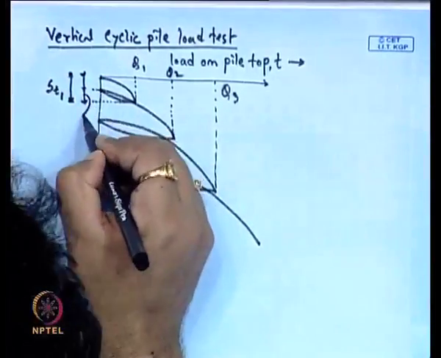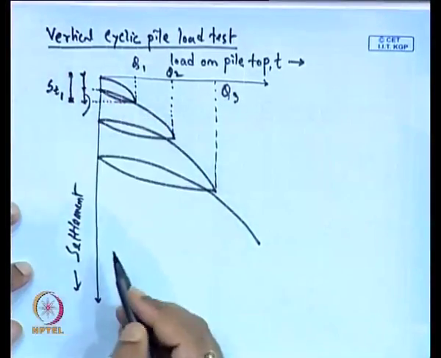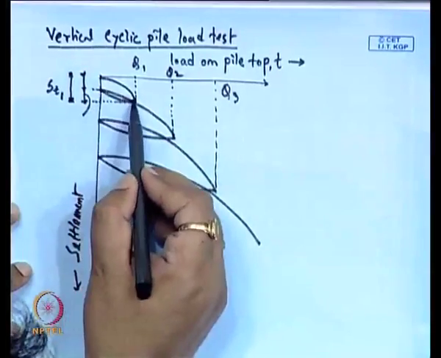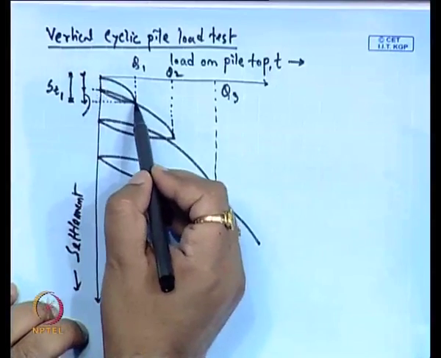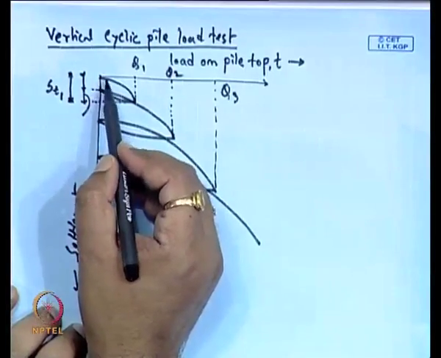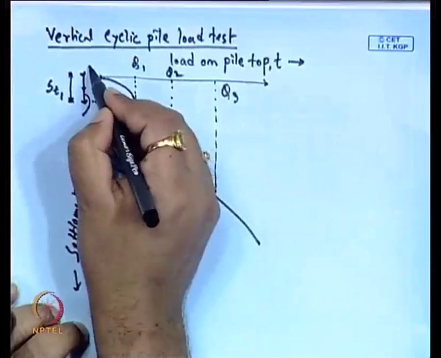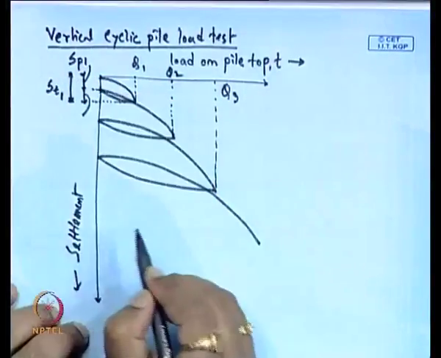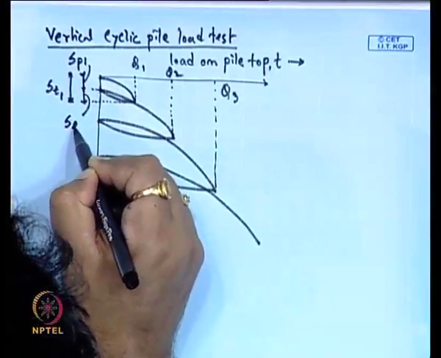That means this portion is the plastic settlement and this portion is the elastic settlement. When we unload, the last point is not the starting point; there is a permanent set. That set is the plastic settlement SP1, and the recovery portion is the elastic settlement SE1.